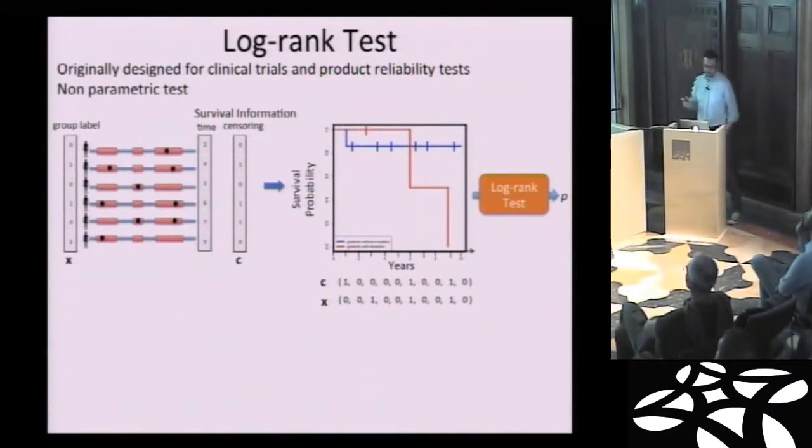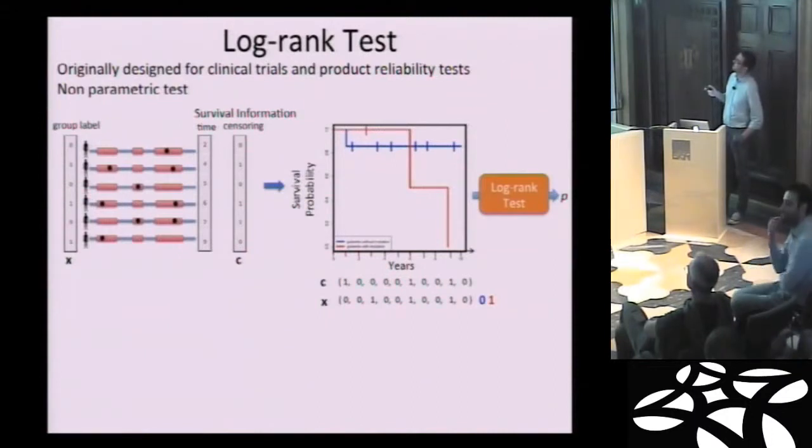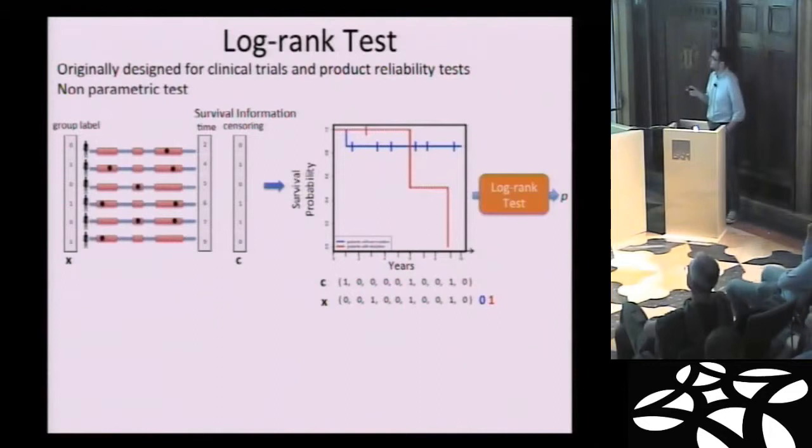It is a non-parametric test, and we can think of it as being a function just of a censoring vector, C, that tells me for each time point whether the event that I observed is censored or not, and the group label X, that tells me for the patient at a given time whether it is in the first group, the one with no mutation, or the second group, the one with mutation. These vectors are obtained after sorting the patients by increasing survival time.